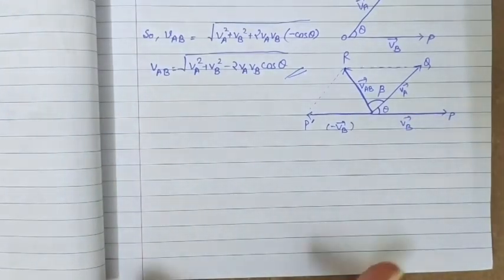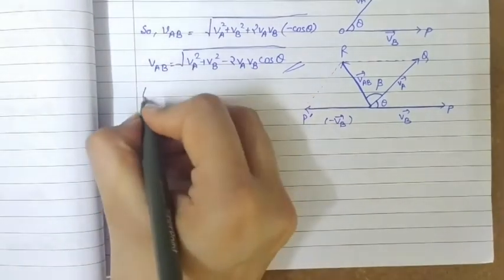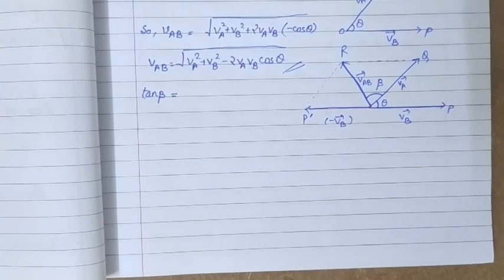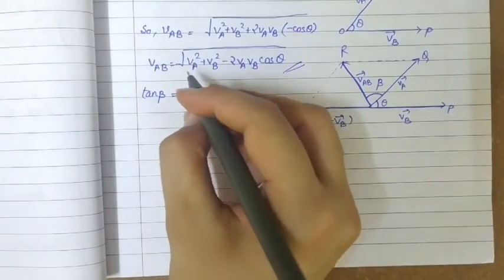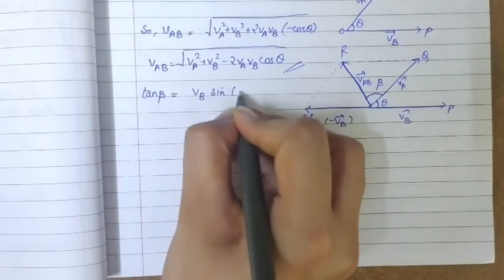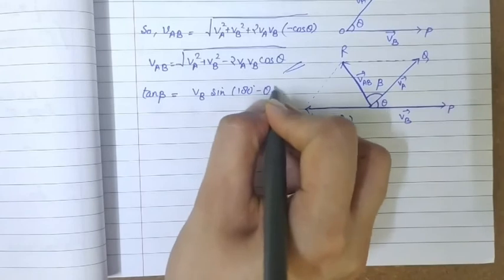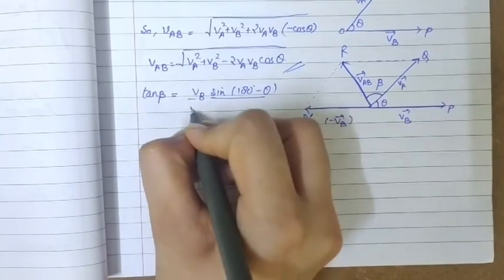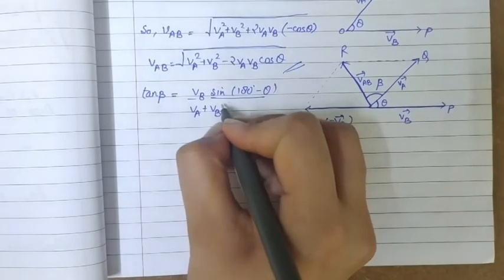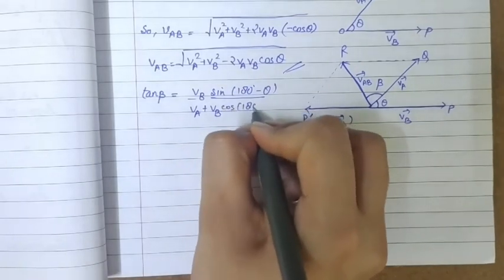For that we will calculate tan beta. Tangent of beta is the vertical component change upon horizontal component change. So it will be VB sine 180 minus theta upon VA plus VB cos 180 minus theta.